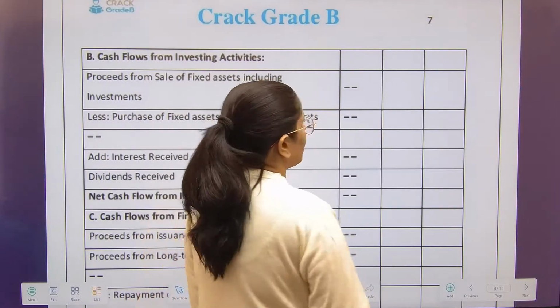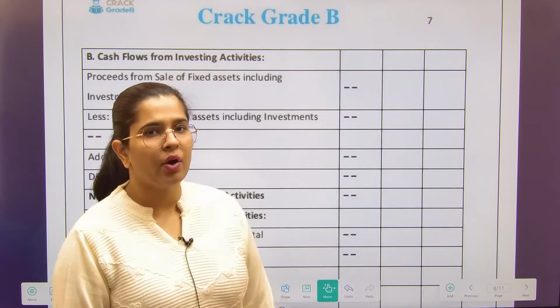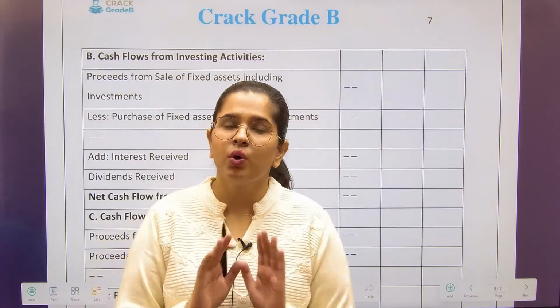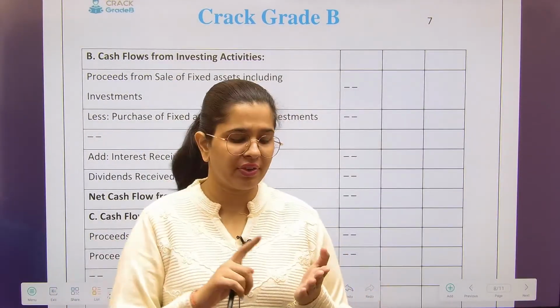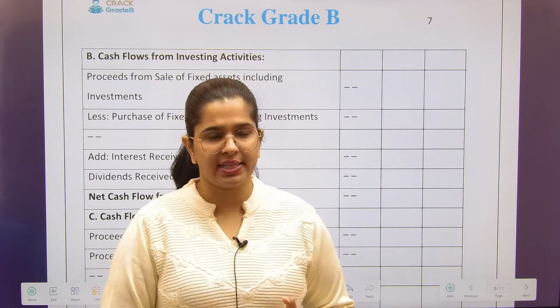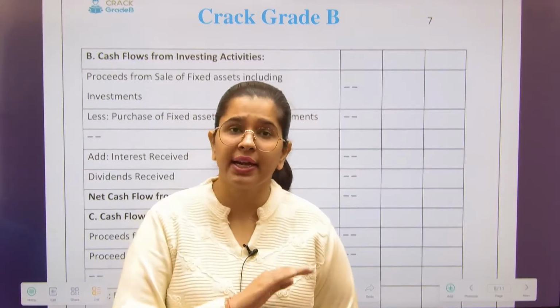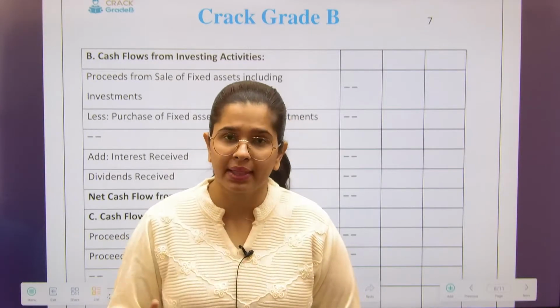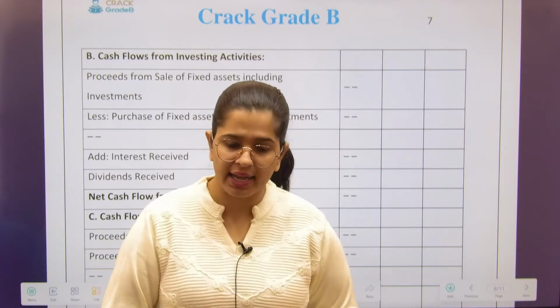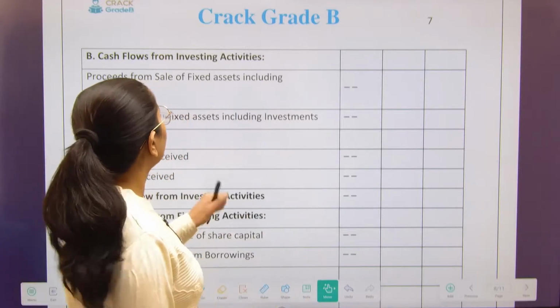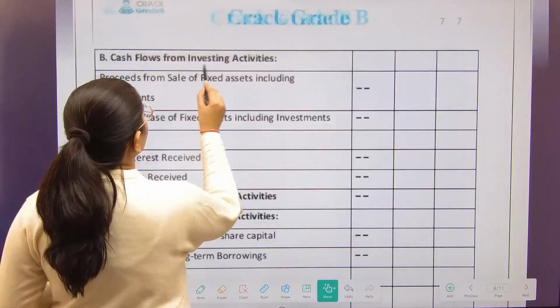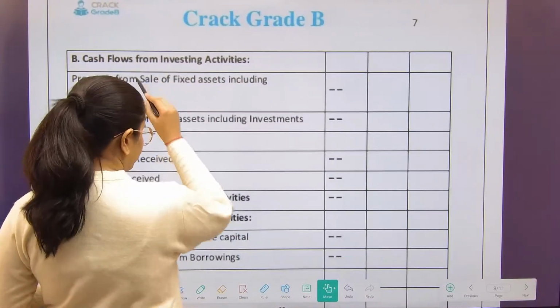Remember, be it the direct method or indirect method, there is no difference in the calculation of investing activity and financing activity. Both of these kinds of activities are calculated in the same way in both methods, direct as well as indirect, right? So let's see cash flow from investing activity.